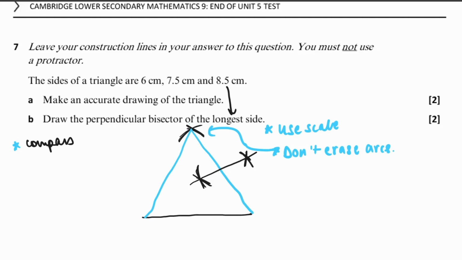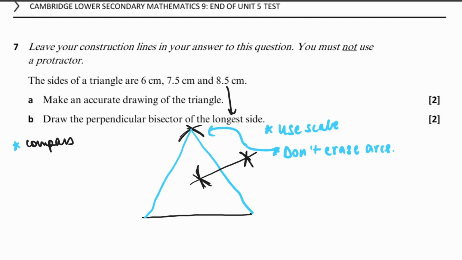Then part B says draw the perpendicular bisector of the longest side. So obviously the longest side is 8.5 centimeter, right? From one end you will use a compass and approximately take a length of 5 centimeter. In the question of a perpendicular bisector of a side, you have to take a length which is more than half of the side.